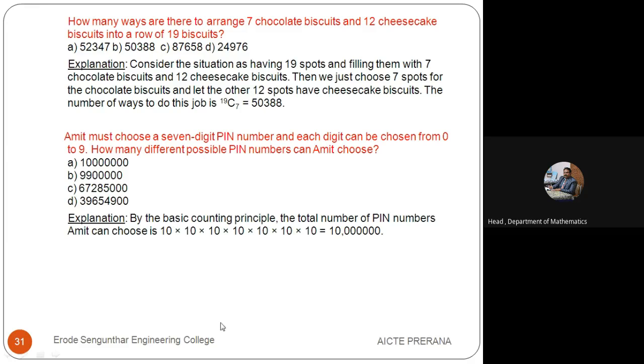We have 10 chances for each position, each digit. For the first digit we have the chances from 0 to 9. Therefore, 10 choices. In the same way, for all 7 places we have 10 choices. Therefore, the answer is 10 into 10 into 10 into 10 into 10 into 10 into 10.